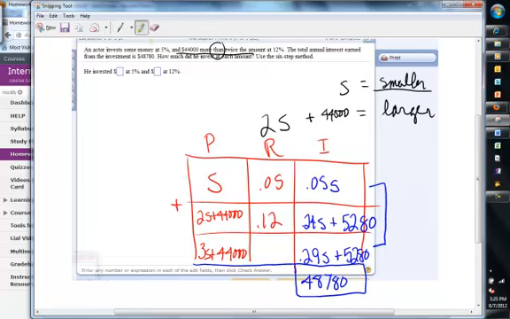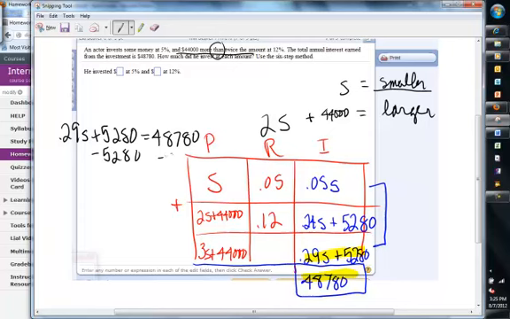So we're going to make these two boxes equal to each other. 0.29S plus 5,280 equals $48,780.